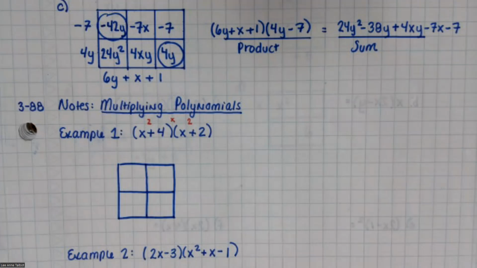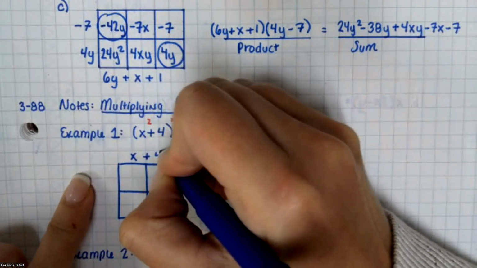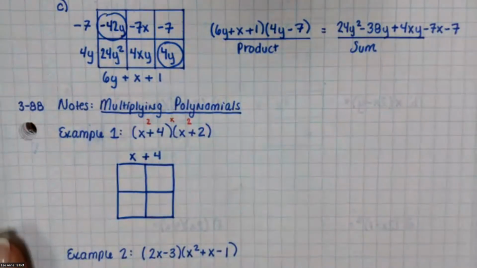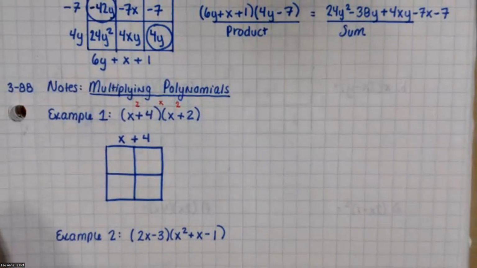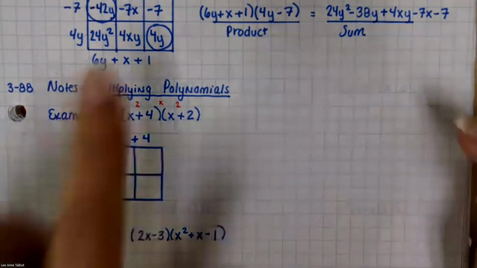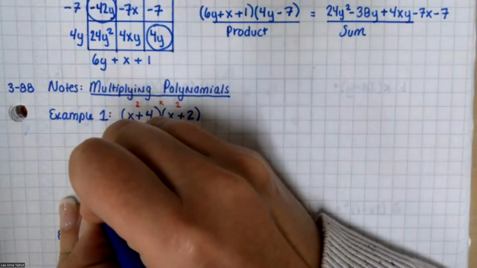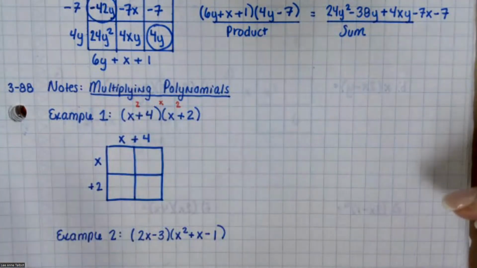You can put the x plus 4 on the top or the side, it doesn't matter. I usually put the first thing on the top, but you don't have to. And then you can put this one on either side. It doesn't matter.